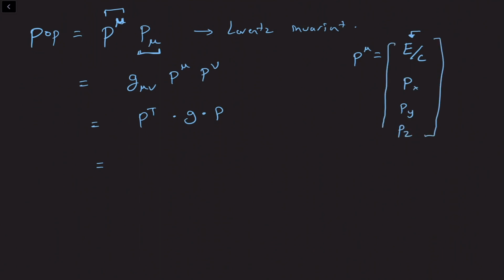So these were the components of p^μ. And so now what we're going to get for this dot product will be E squared by c squared minus p_x squared minus p_y squared minus p_z squared.